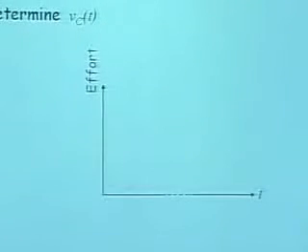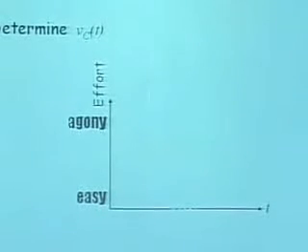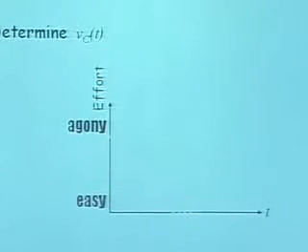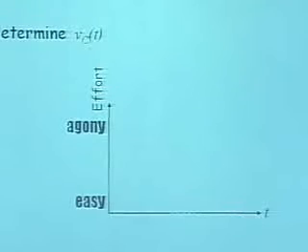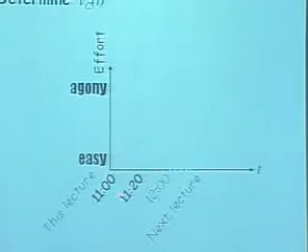On this graph, down here is easy, and up here is pure agony, sheer agony. So it's a scale of effort level ranging from easy to complete agony. This is the time axis, which starts out at 11 o'clock, the early part of today's lecture, and ends at roughly 12. That's today's lecture, and this is next lecture.